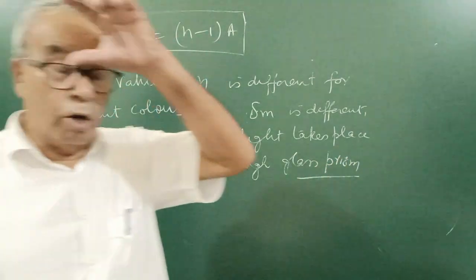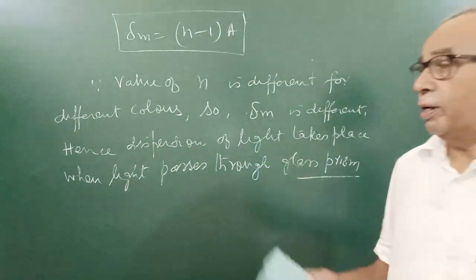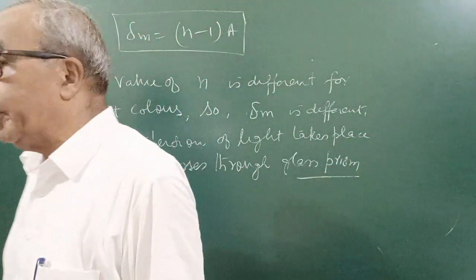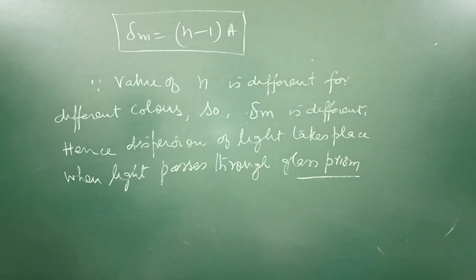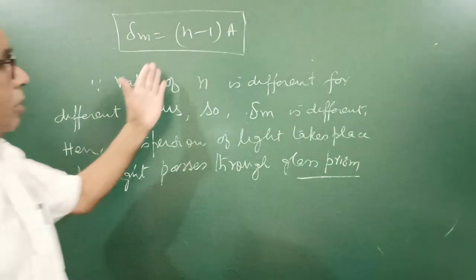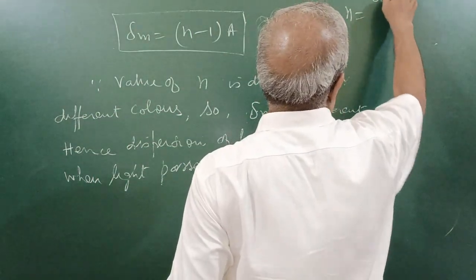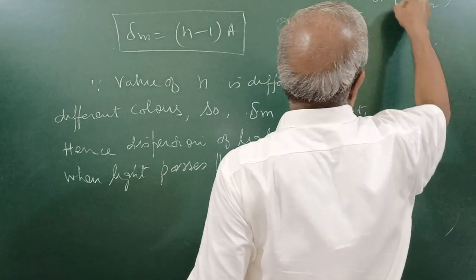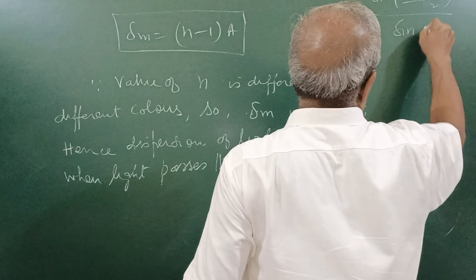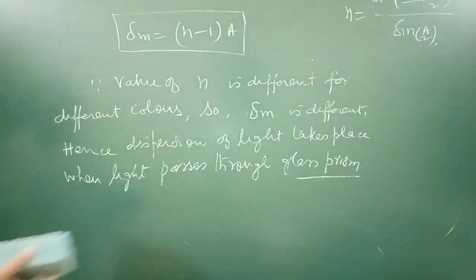Whether it is thin or thick, whatsoever is the angle A, when light passes through a glass prism, deviation always occurs. Actually, this derivation was taken for understanding the deviation clearly. Deviation by n is equal to sine (A plus delta m) by 2 upon sine A by 2. So whether the prism is thin or thick, deviation occurs.